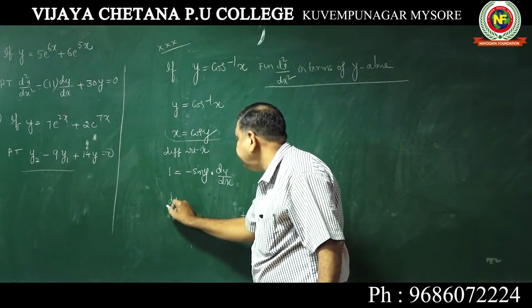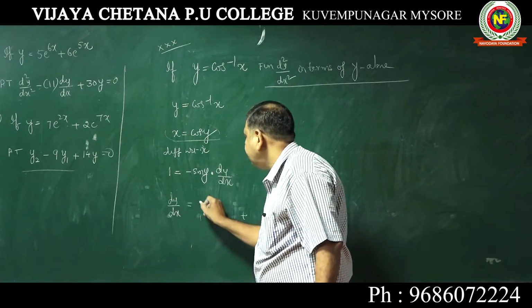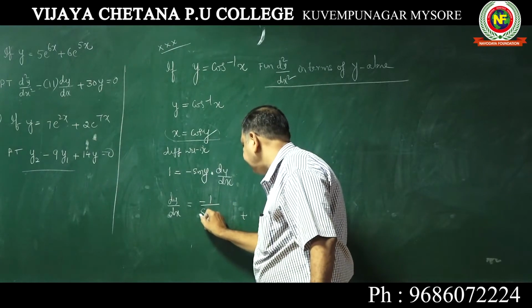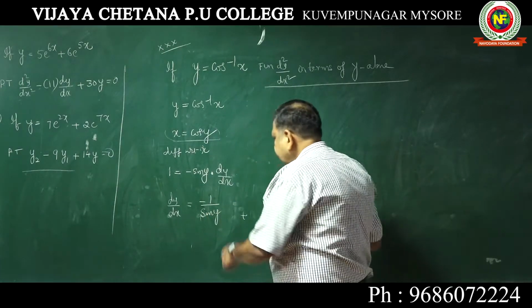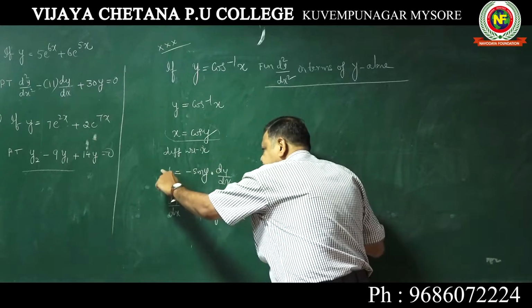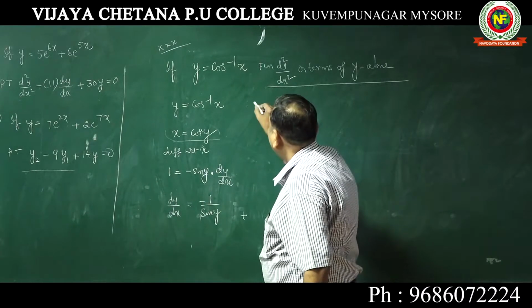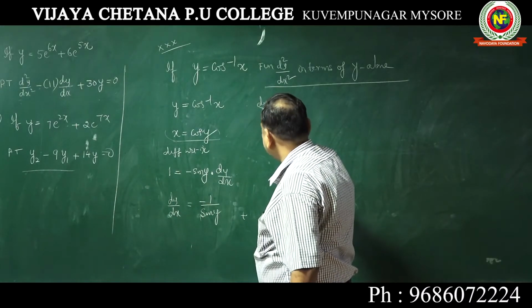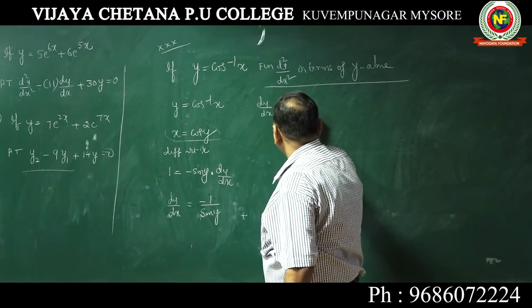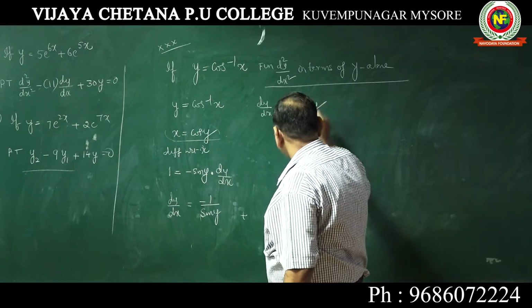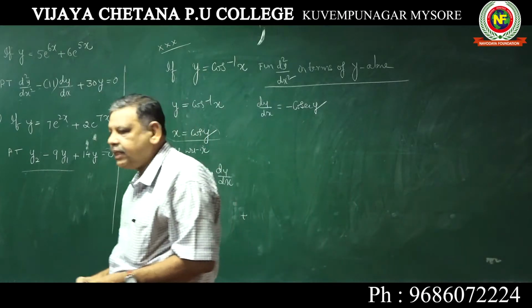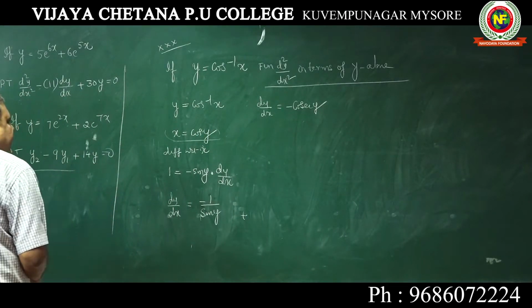So dy by dx is equal to minus 1 by sin y. Shifted here, dy by dx is equal to minus 1 by sin y, or dy by dx is equal to minus cosecant y.